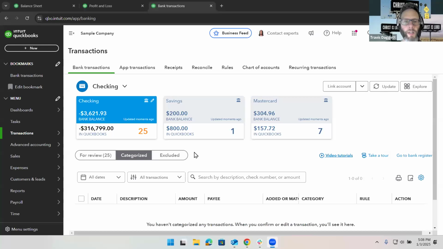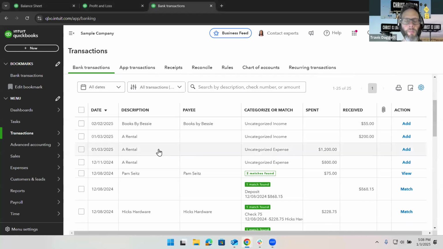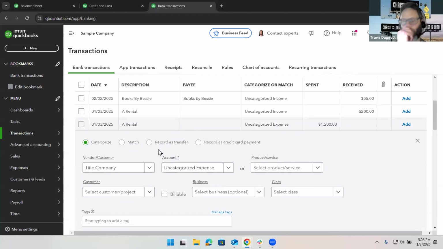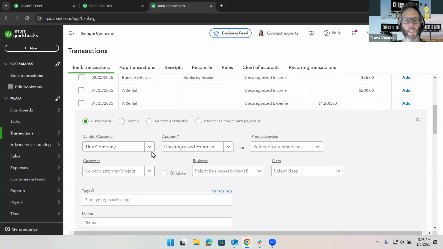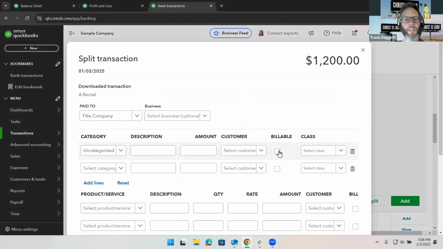There are various ways you can do this, but let's just start. This is a sample account, and I'm going to do the first one in the bank feed. So let's say that this $1,200 payment is the mortgage payment for the existing loan, if you're assuming, or the note that the seller is carrying.